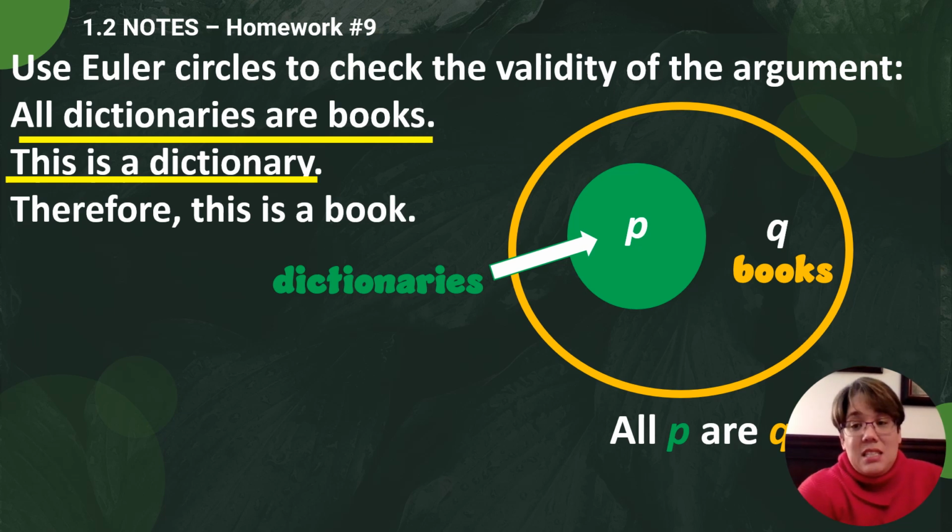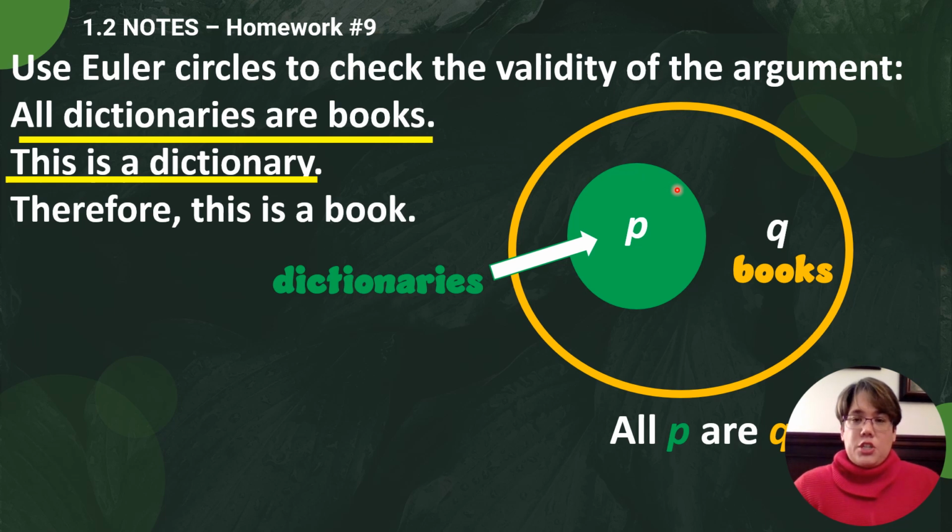Now we need to test the validity of this particular statement. To test the validity, we've got to put a test mark somewhere in this picture. If this is a dictionary, I'm going to put a star where this dictionary would be.